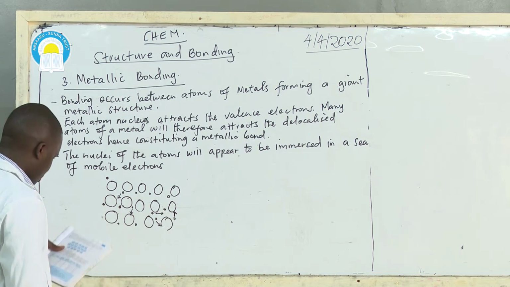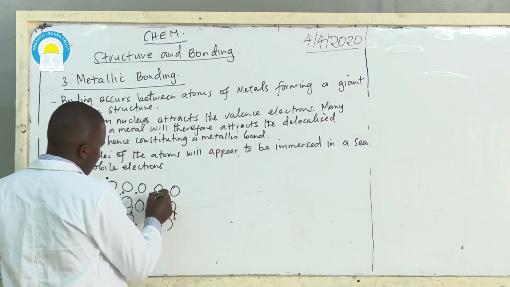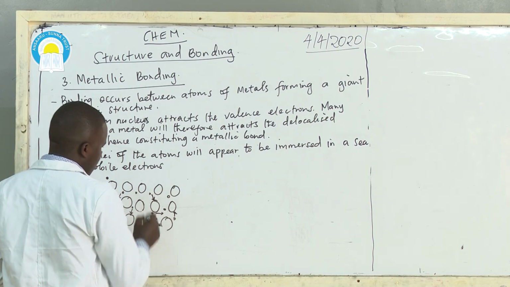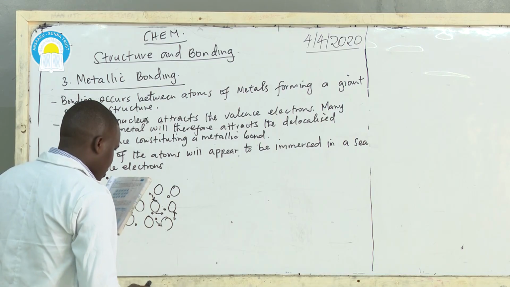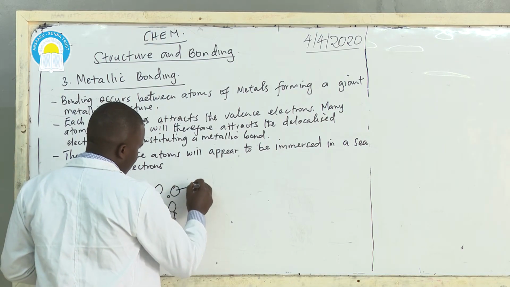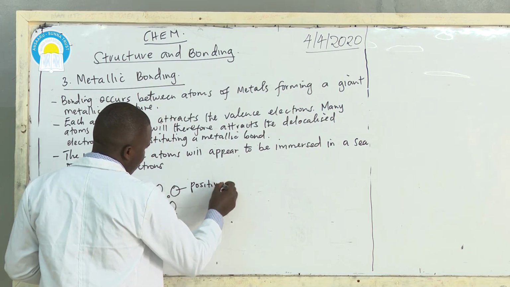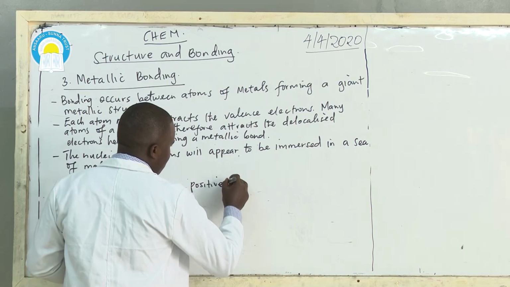So those attractions are what will constitute a metallic bond. So this is the positive metal ion.